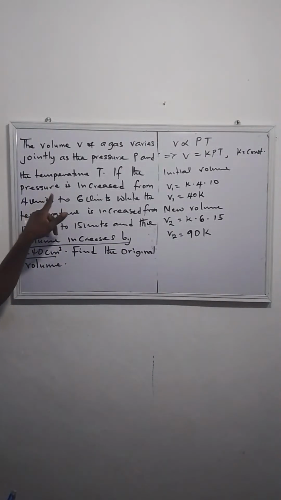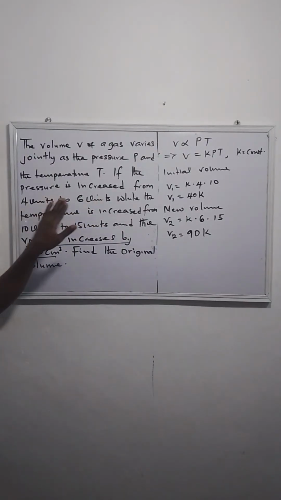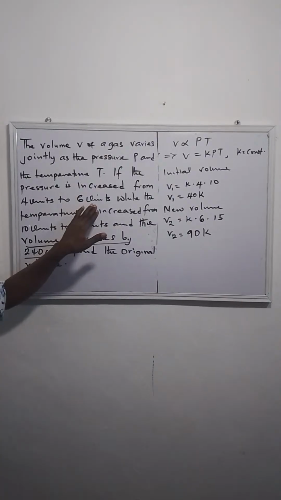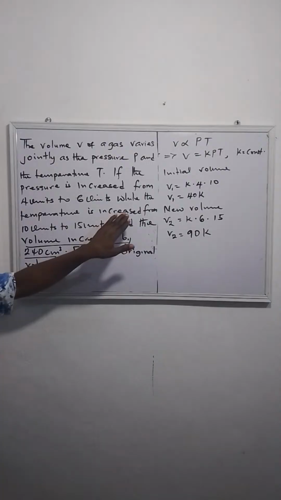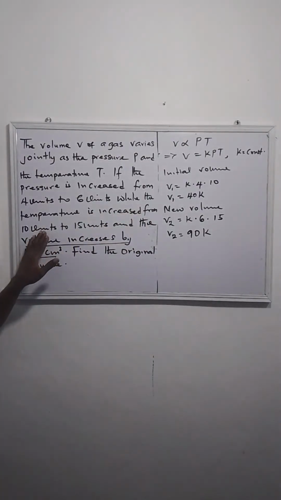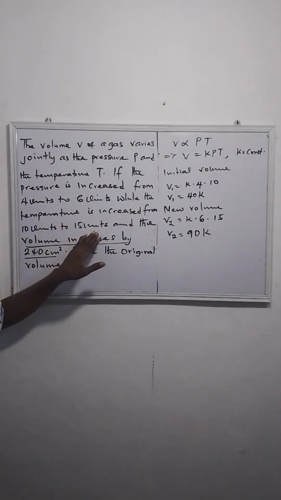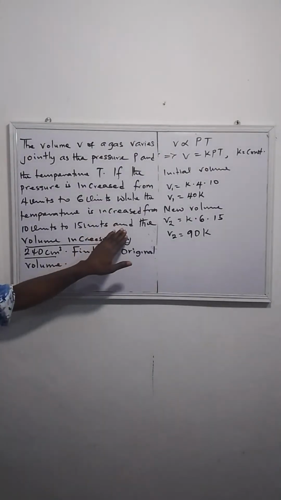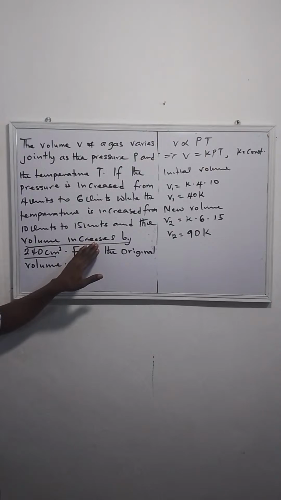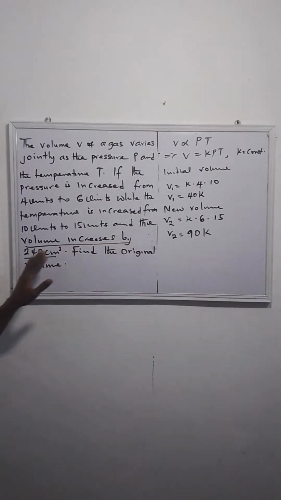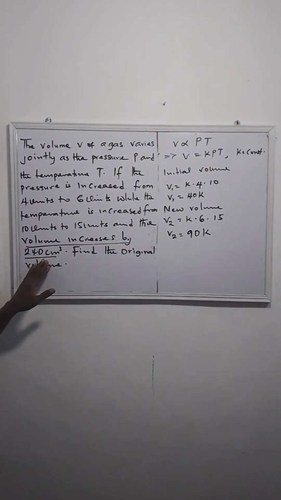When the pressure is moved from 4 units to 6 units, while the temperature is also increased from 10 units to 15, the volume increases by 240.